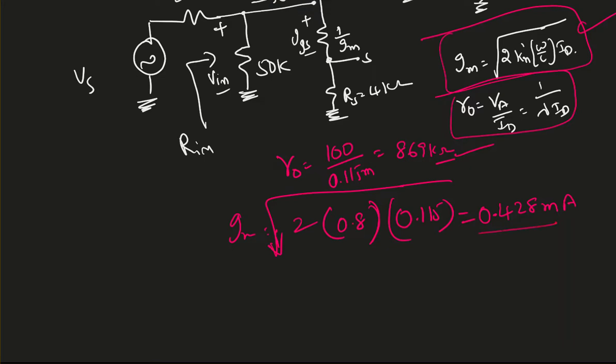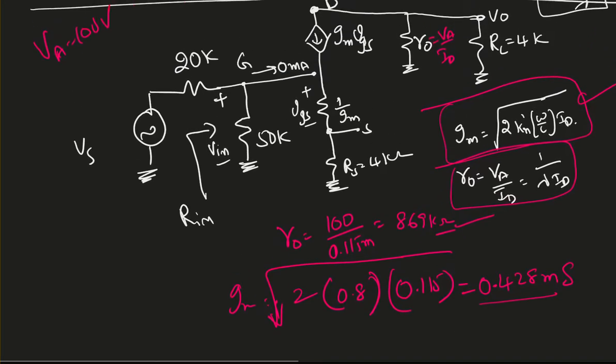So we'll end up with 0.428 milli. It's not amperes. Transconductance is in Siemens, which is inverse to resistance. So 1 over gm, which is 1 over 0.428 milli, will become 2331 ohm, or 2.33 kilo ohm.